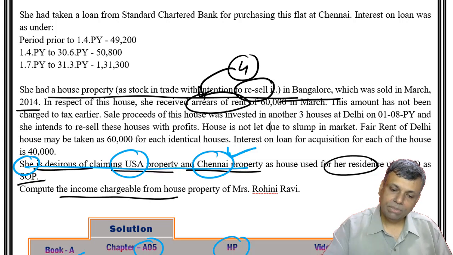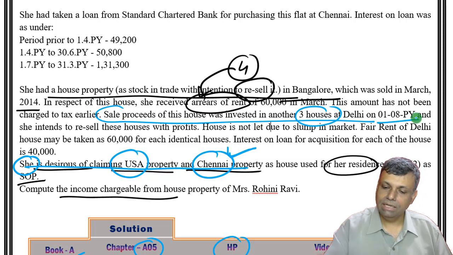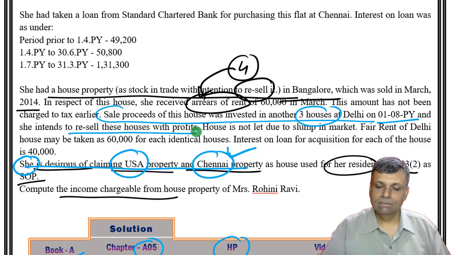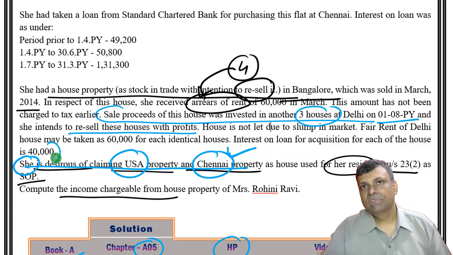Now that particular one in Delhi was already there. The sale proceeds of this house were invested in three houses in Delhi, and she had an intention to resell them, so they were held as stock in trade, and the annual value of these particular houses is to be taken as nil.